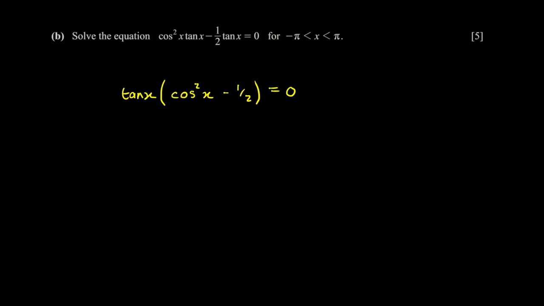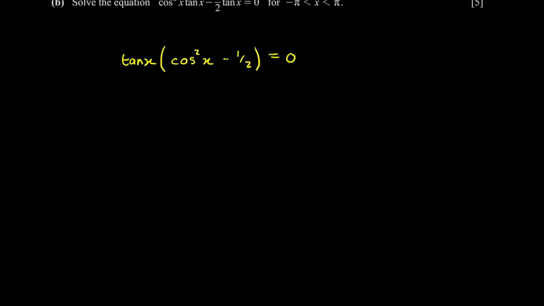So I've just factorized that, which means I've got 2 solutions, right? Because I've got 2 things multiplied together that give me 0. Either this thing here will be equal to 0, or this thing here will be equal to 0. So let's write that down. Either tan x is equal to 0, or cos squared x minus a half is equal to 0.